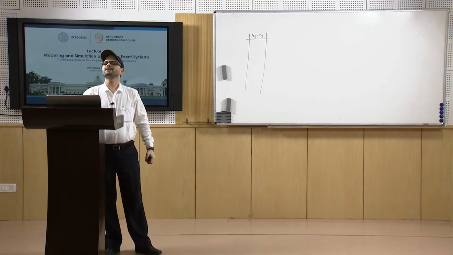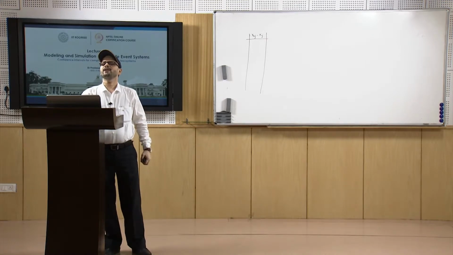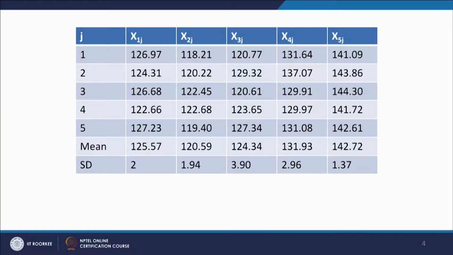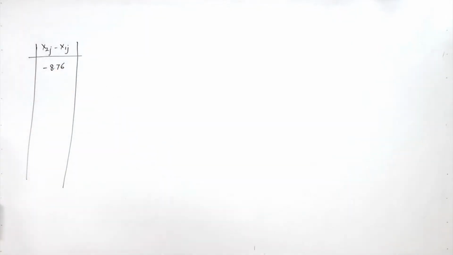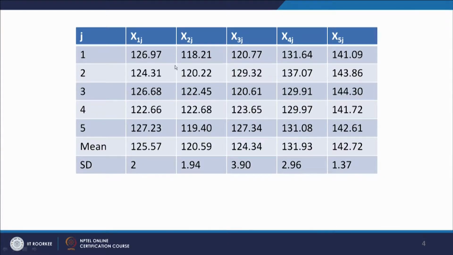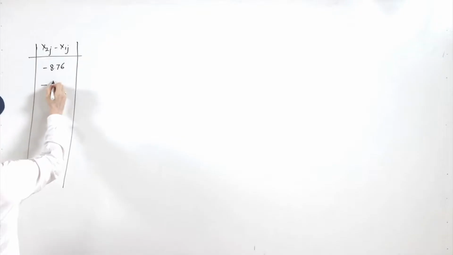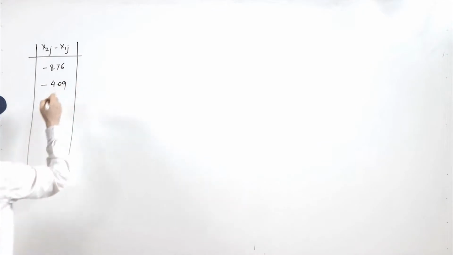So, once we are doing that, it will be minus 8.76. Similarly, you have the value 120.22 minus 124.31, so it will be minus 4.09.